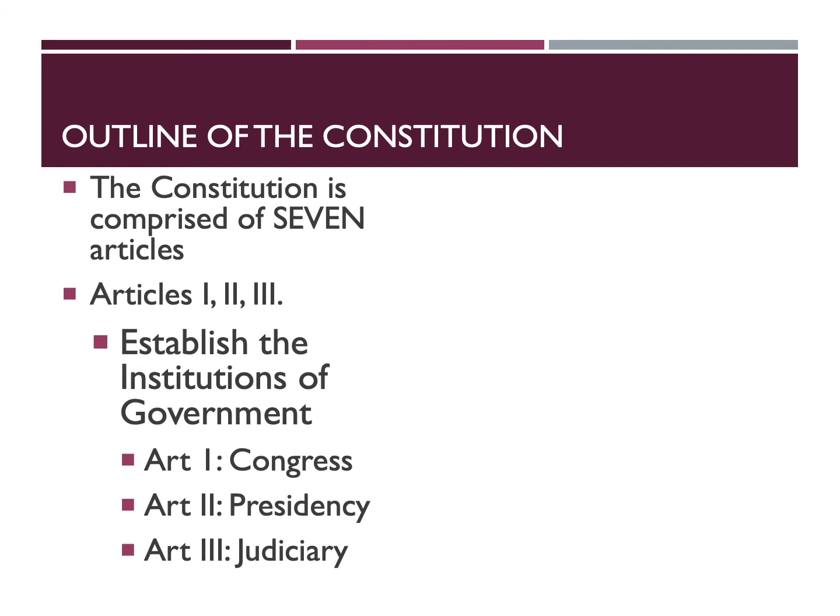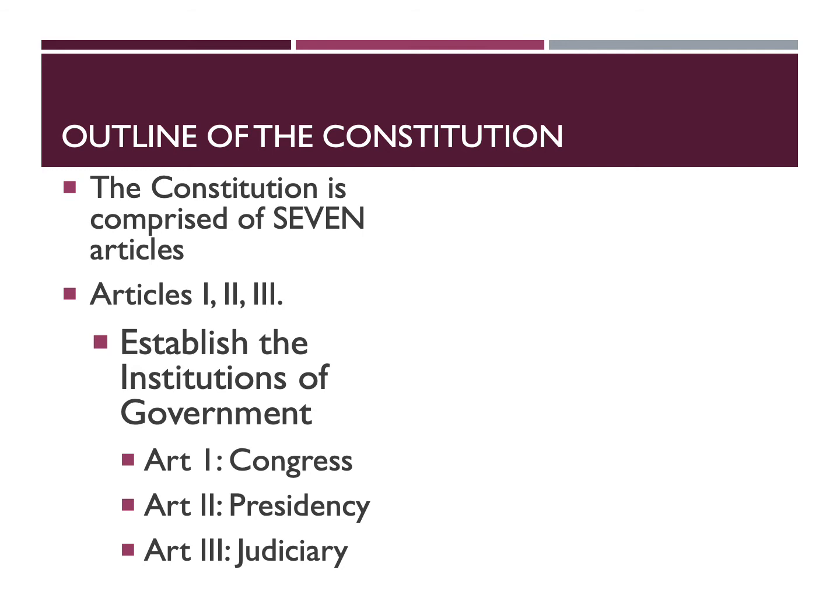And even Article 1, the Congress that it creates, is quite different. The Congress under the Articles of Confederation was unicameral, only one branch. The new national legislature is bicameral. There are 2 branches. And so Article 1, Section 1 establishes the House of Representatives, and Article 1, Section 2 establishes the Senate.